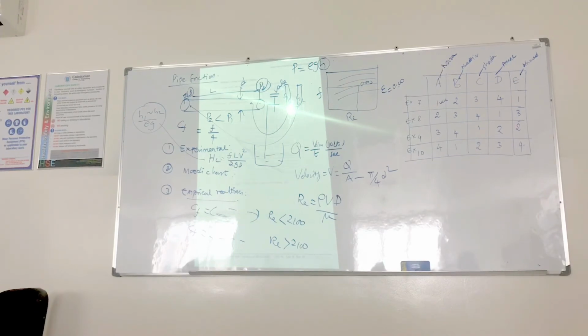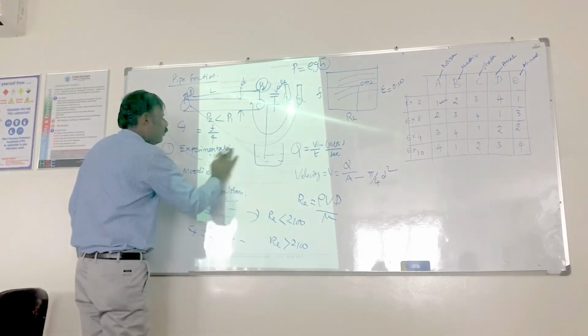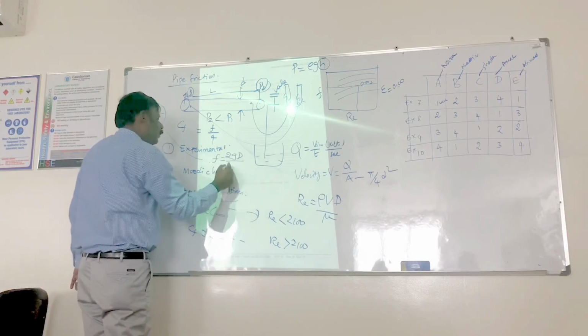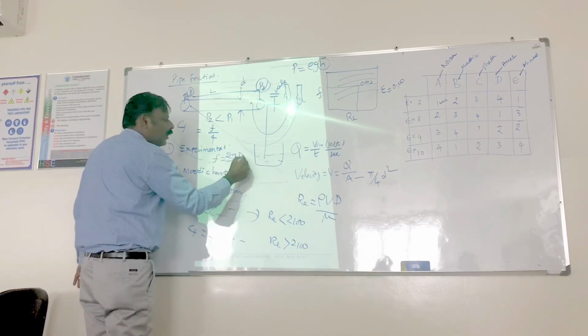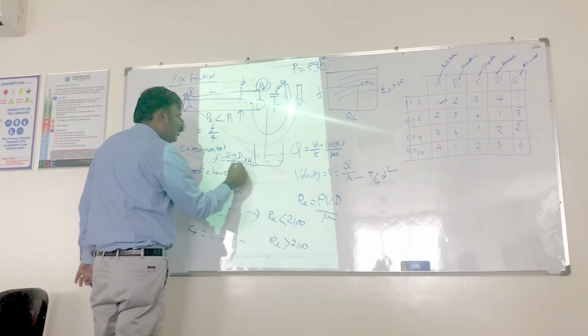Head loss. What is the formula which is given there? F equal to 2 g D HL divided by L V square.